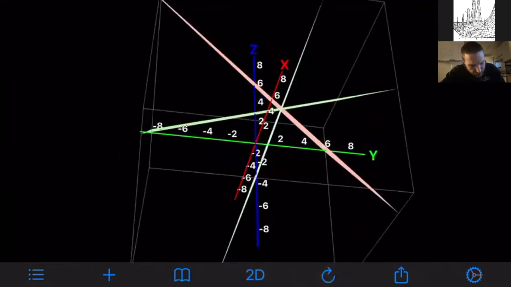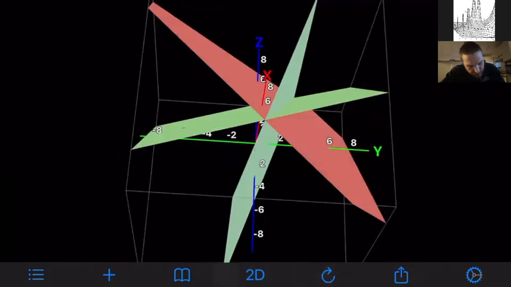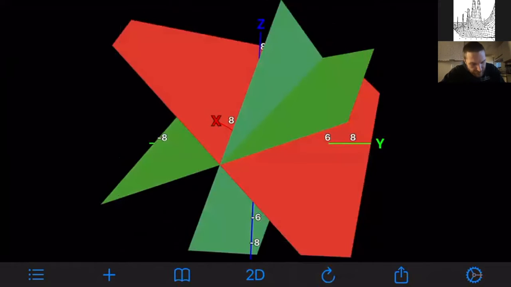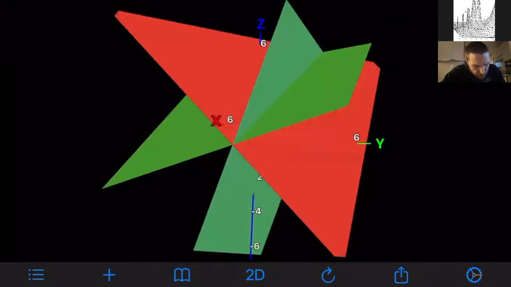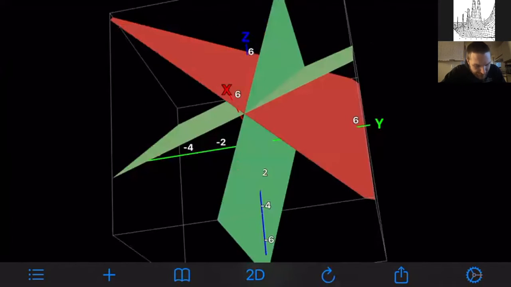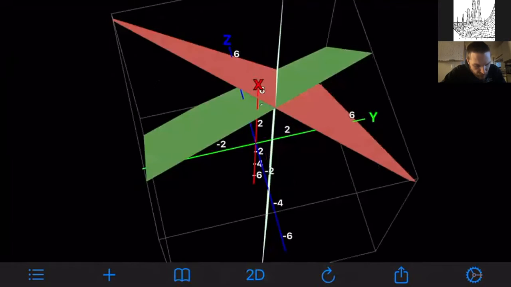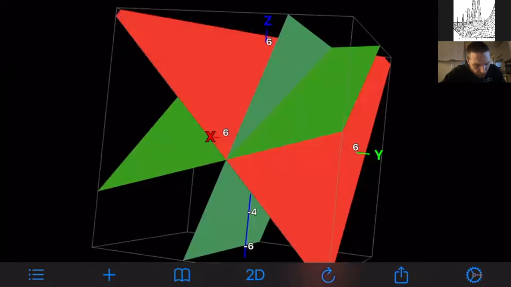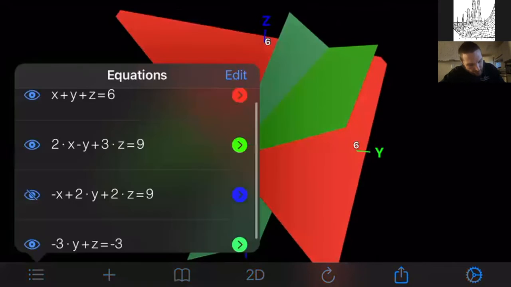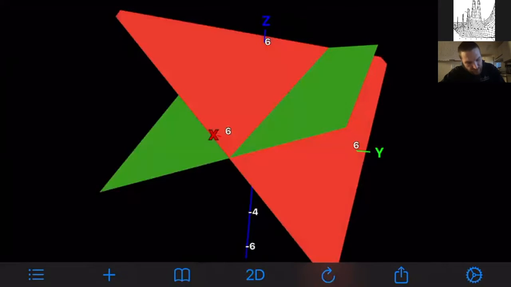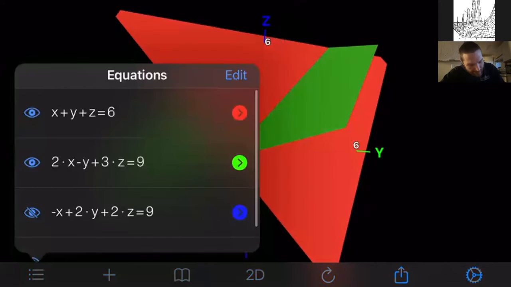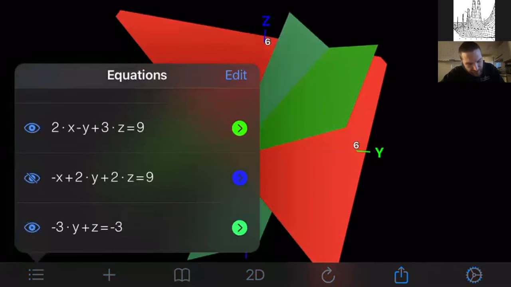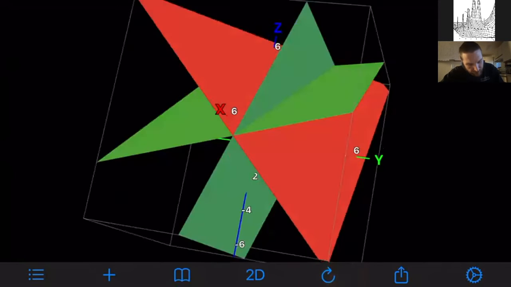In other words, like we were saying earlier in the video, any point that satisfies both of those equations will satisfy the new equation that we got. So any point on that line where those first two intersect, that new one is going to have to go through that same line right there.